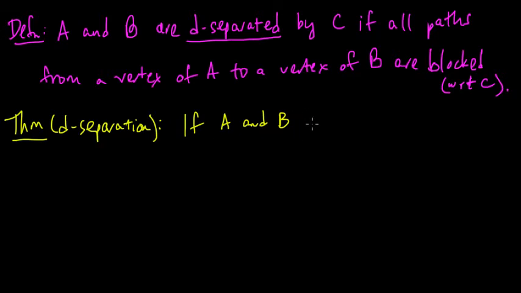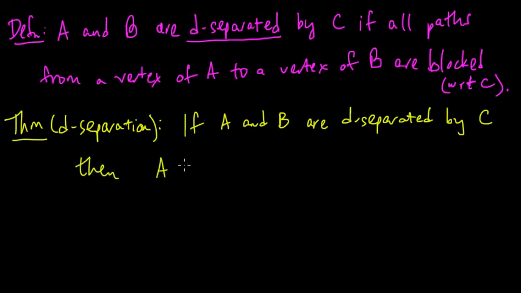It says that if A and B, these subsets, are D-separated by C, then, as you can probably guess, A and B are conditionally independent given C. This is our notation for conditional independence.